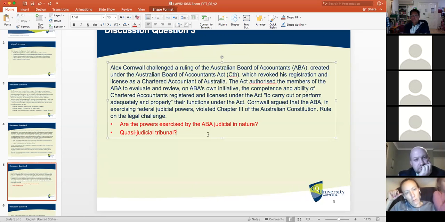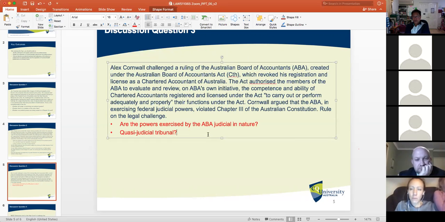And that goes to the point about this being a quasi-judicial tribunal. So this appears to be a quasi-judicial tribunal and not constituted as a Chapter 3 court. Therefore, there is no breach of the separation of powers. Okay, questions there?